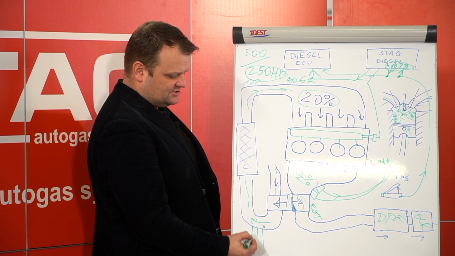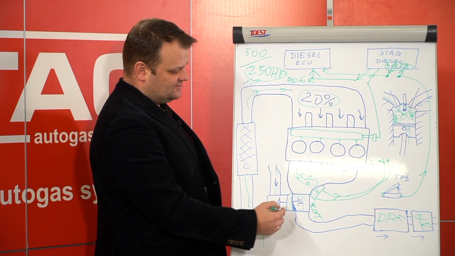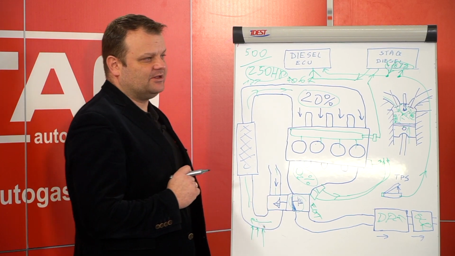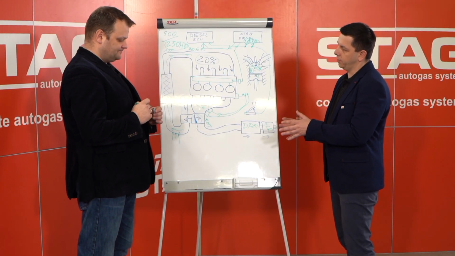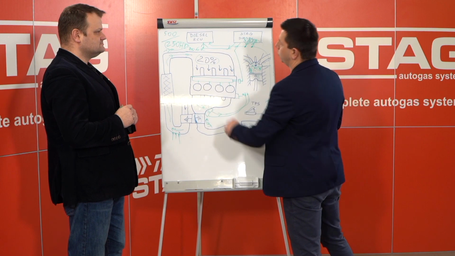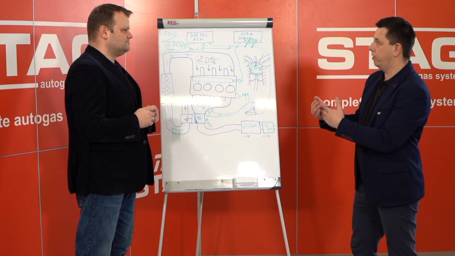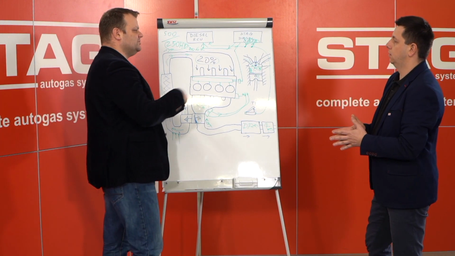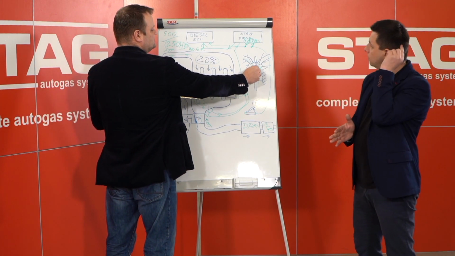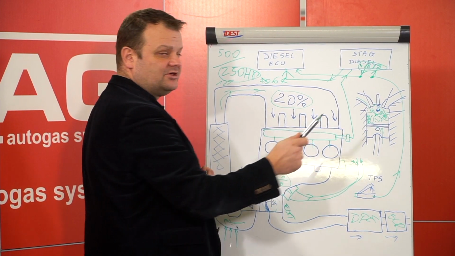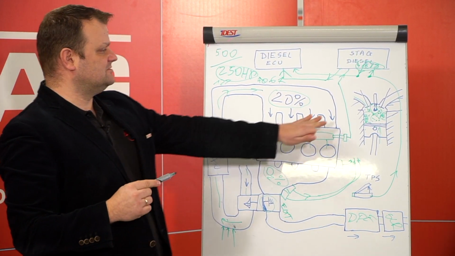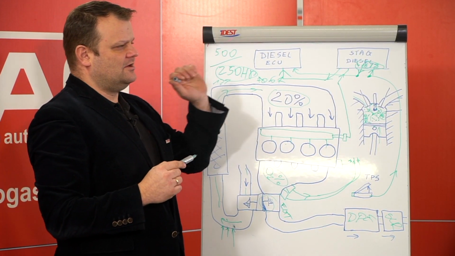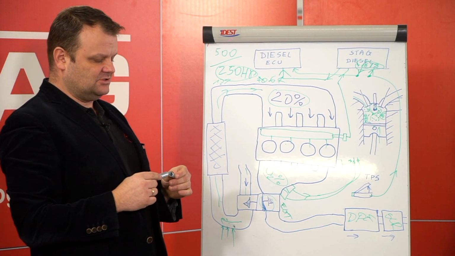So we are putting the nozzles around this area. Yes, that's right. In this situation, we have enough time to mix air with gas, and there is a much higher probability that the mixture will be homogenic. There will be no stratified situations when knocking occurs in the cylinder.